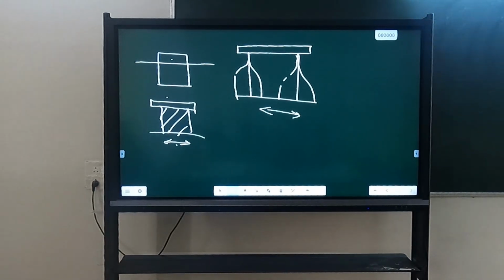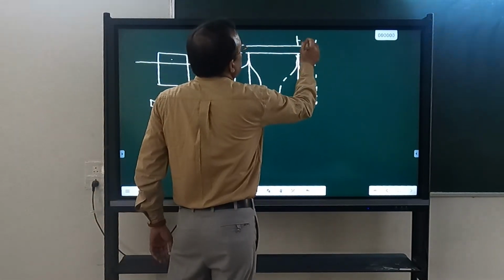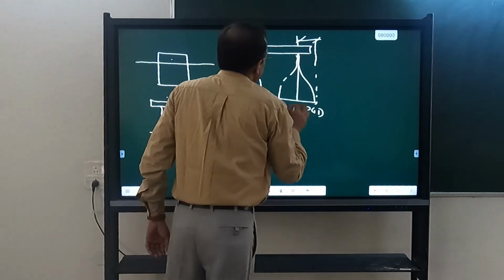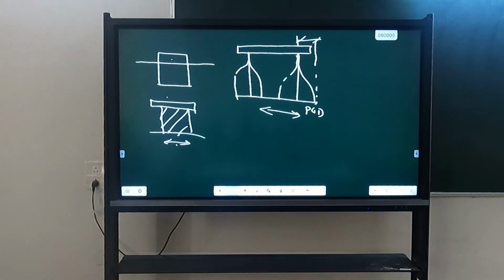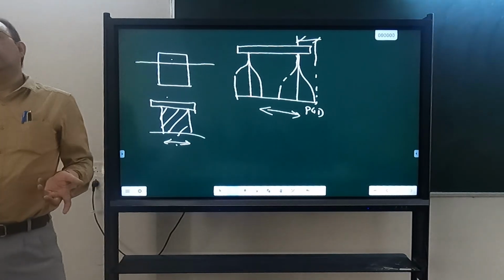So how much is the relative displacement? We are measuring the relative displacement, and this relative displacement is equal to PGD. But that will happen when it is very flexible. In between, it will be controlled by velocity.